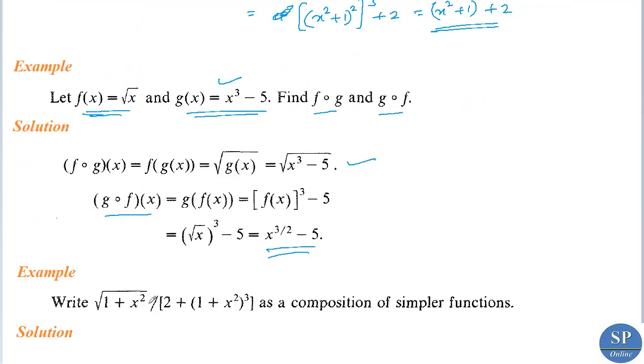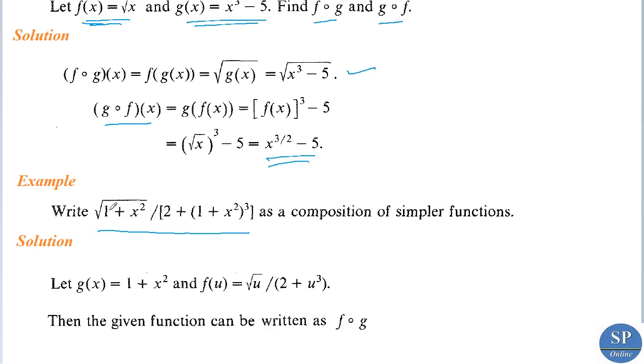Now next one: write this function, square root of 1 plus x square divided by 2 plus (1 plus x square) whole cube, as a composition of simpler functions. Here we have square root of 1 plus x square divided by 2 plus (1 plus x square) whole cube. If we replace this 1 plus x square by g of x, we get square root of g of x divided by 2 plus g of x whole cube.